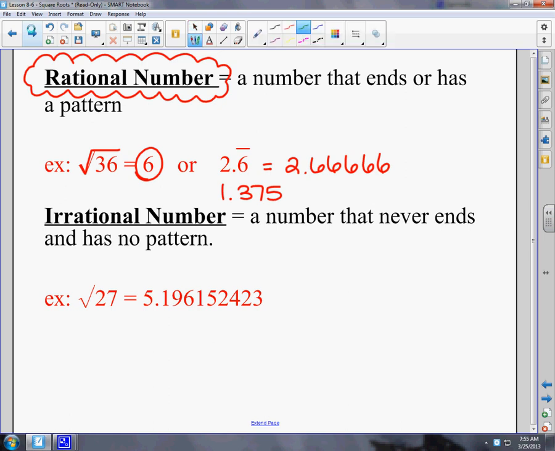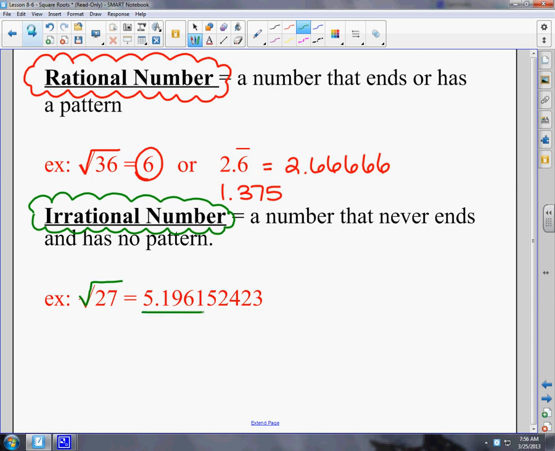An irrational number, I always think, if you think of the word irrational, I think crazy. So irrational is a number that never ends or has no pattern. So all of our perfect squares are rational. However, if I took the square root of 27, I don't know what times what would be 27.